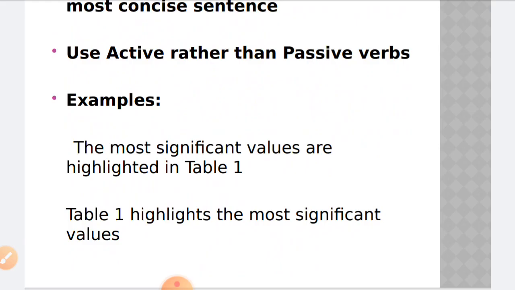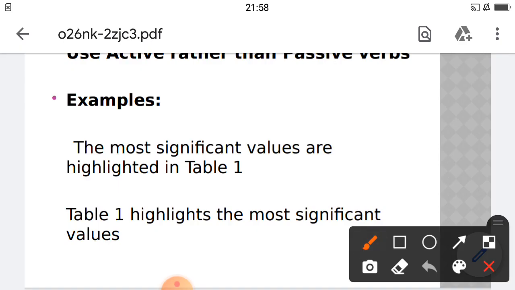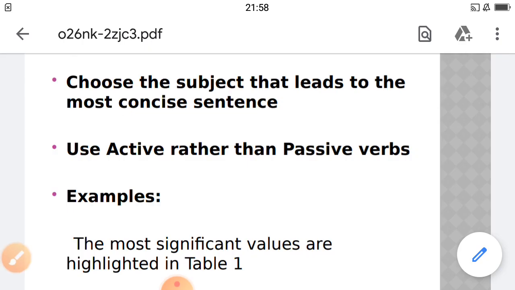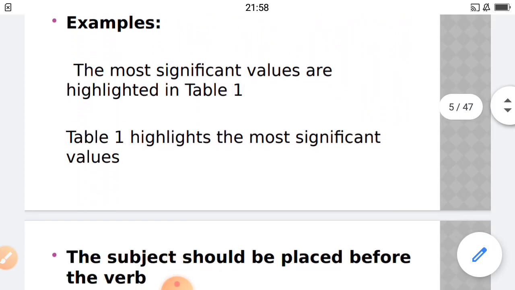As far as correct word order is concerned, the second sentence sounds more appropriate. Thus, we need to keep in mind that we need to choose the subject that leads to the most concise sentence. Sentences should be brief and to the point, and also use active rather than passive verbs.